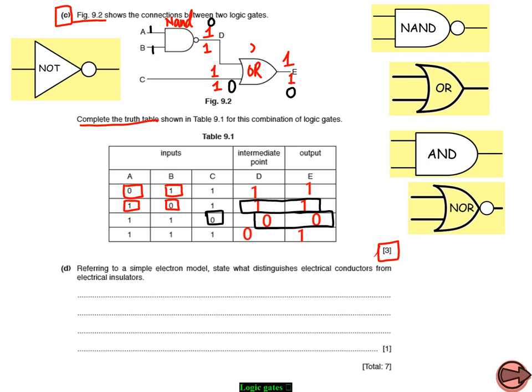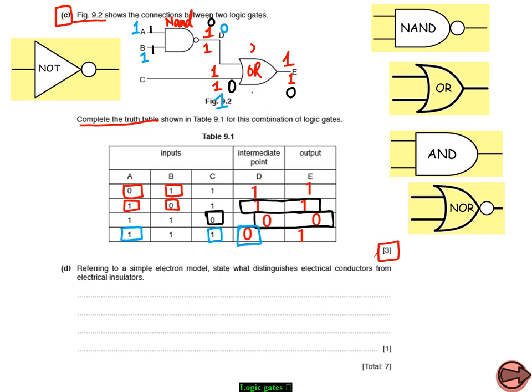Now we have the last one, so let's try to answer it. When input A is 1 and input B is also 1, what will be the output? Because this is a NAND gate, if it was an AND gate, the output would be 1, but this is a NAND gate, so the output has to be 0. That's why we wrote our answer here, 0. Now the next one, C. When C is 1 and this is 0, what is our output?